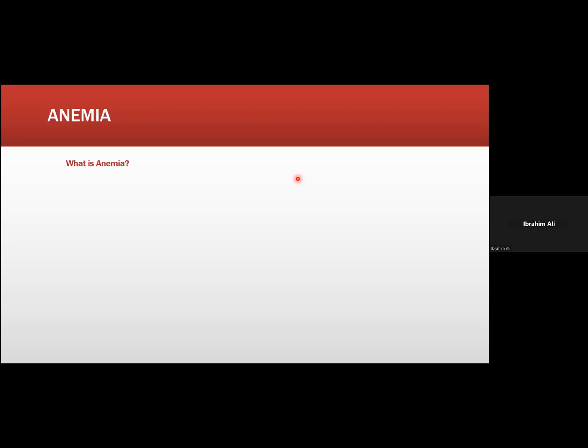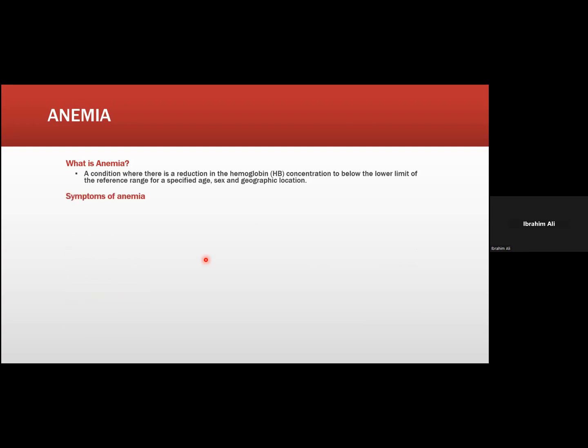So anemia will be defined as a condition where there's a reduction in hemoglobin concentration to below the lower limits of the reference range in a specified age, sex, and geographical location. Because it matters.